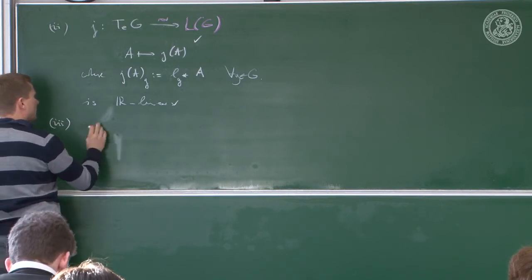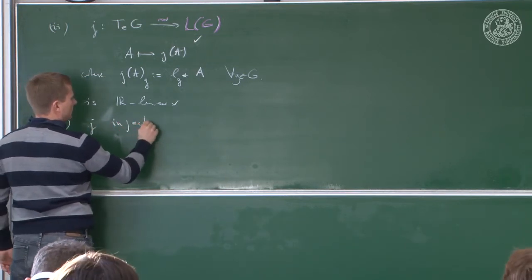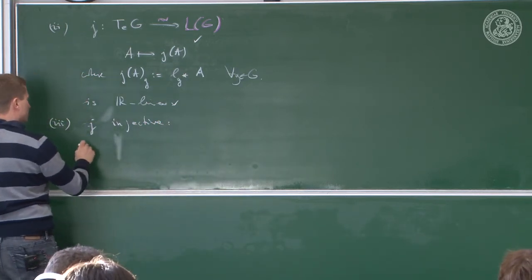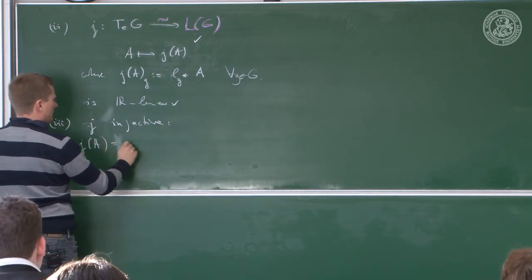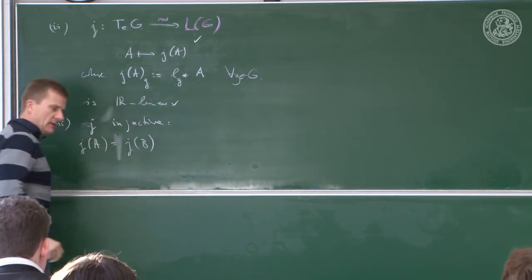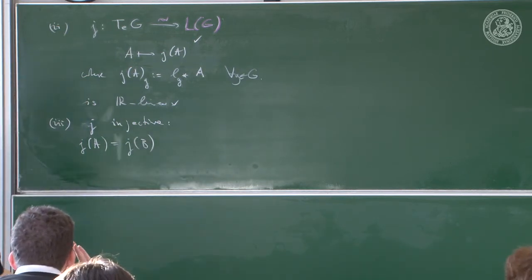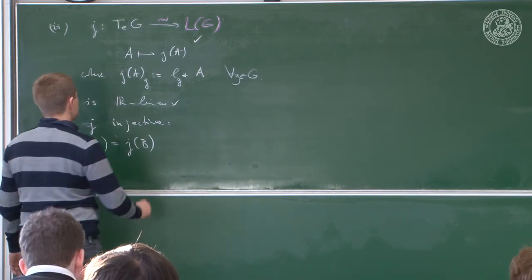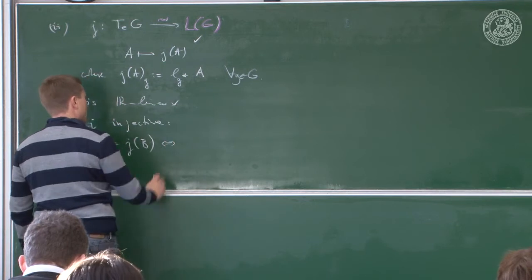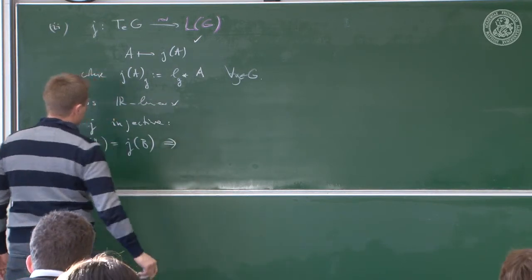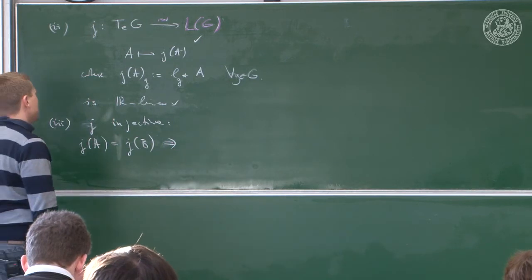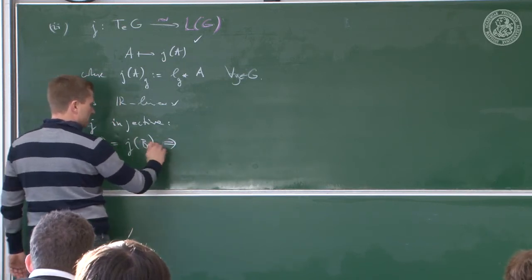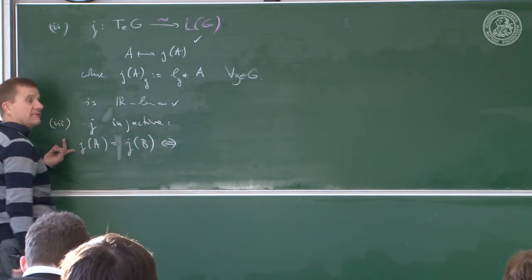Now let's check whether J is injective. So what do we do for injectivity? Well, we consider the J of an A, and we assume it's the J of a B. And if we can show that from this it follows that A equals B, then the map was injective. So this is an equation of vector fields.